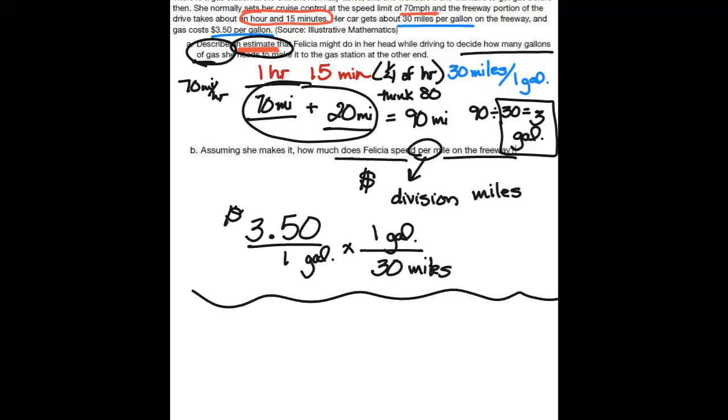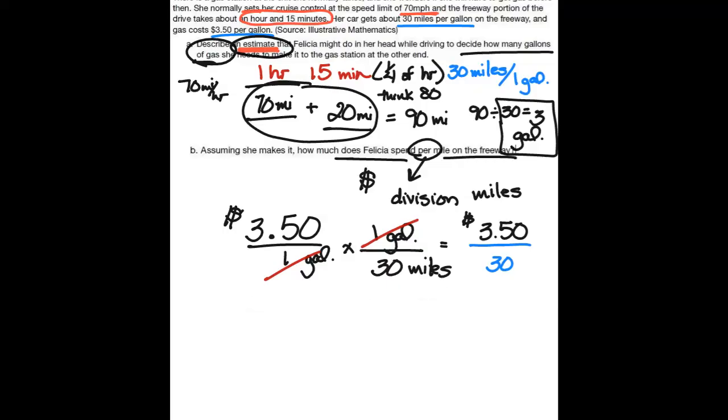This is the beauty of mathematics, and this is the hard part about mathematics, that there is usually more than one way to do it. So, if we're looking at 1 gallon, we basically are going to take $3.50, and you would cross cancel these out, and you are dividing that by 30.